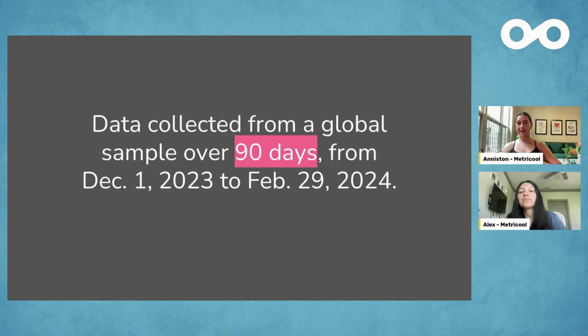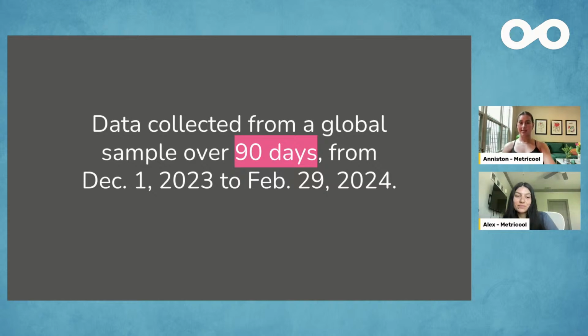We collected this data over 90 days from December 1st, 2023 to February 29th, 2024. So right as that holiday period goes into the new year, when, as we know, advertising is used extremely heavily. And TikTok has become a huge advertising platform.